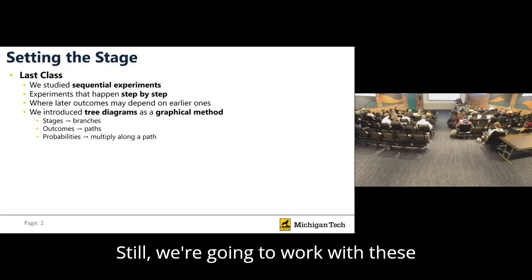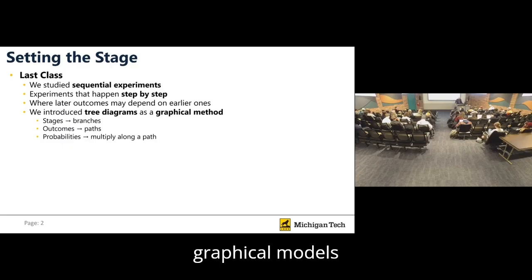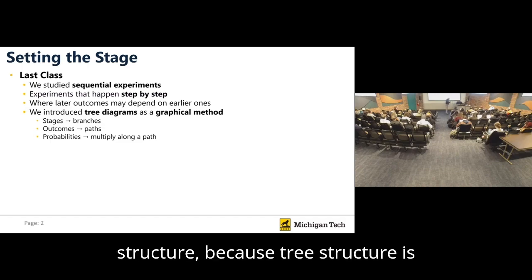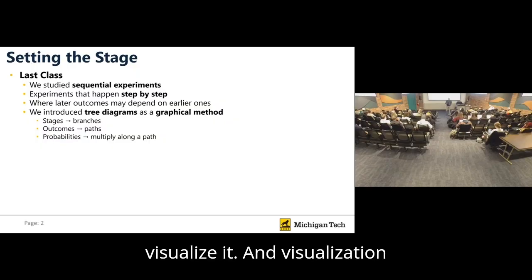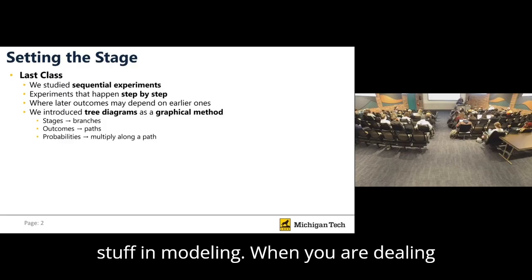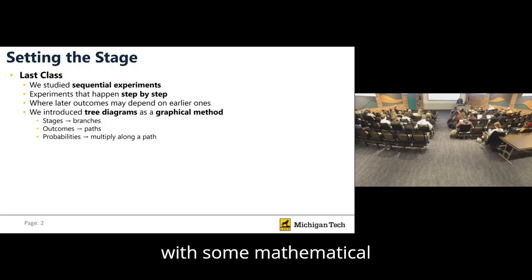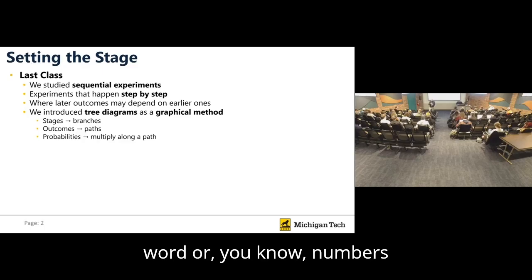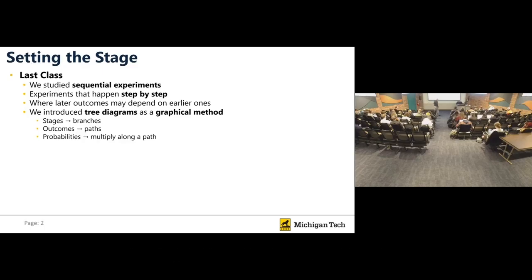Still, we're going to work with these graphical models in this class as well, like a tree structure, because the tree structure is going to help us to understand and visualize it. And visualization is one of the important parts in hard stuff, in modeling, when you are dealing with some mathematical stuff that is so complex to explain with words or numbers or formula.